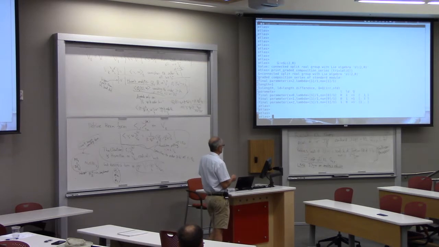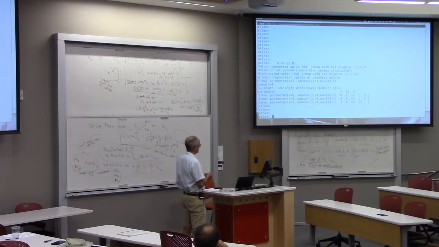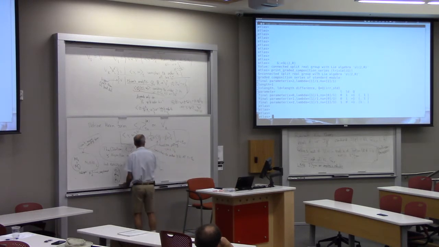And these 3 columns are some information to help you figure out what's going on. And the main part is this last thing. The way you read this is, reading horizontally are the levels of the filtration.